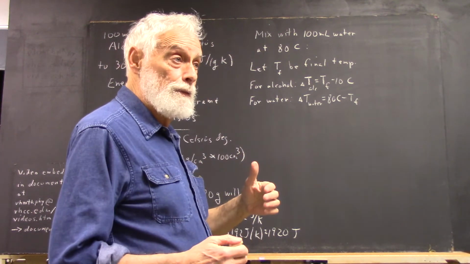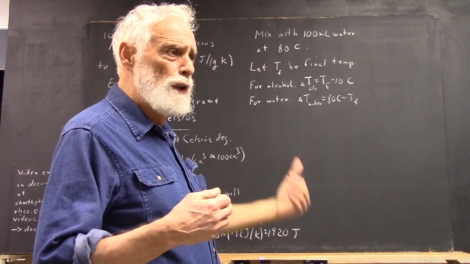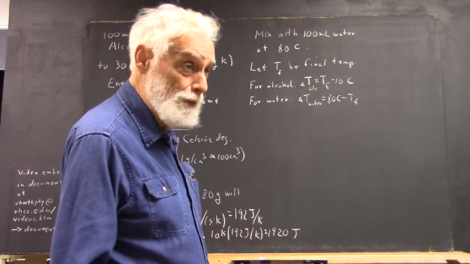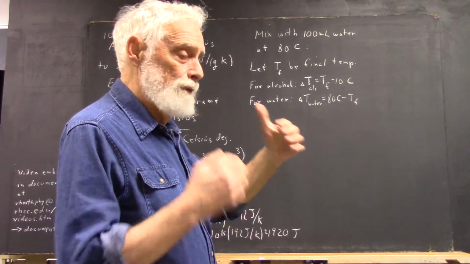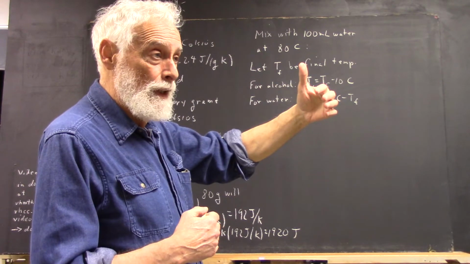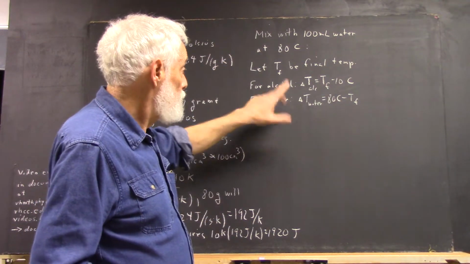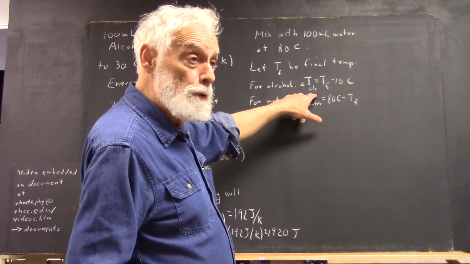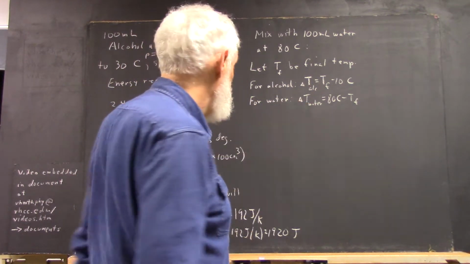But that varies from about, I don't remember exactly, 4.16 something up to 4.19 something. There's that much variation for liquid water. Okay, so anyhow, here's the temperature change of the alcohol, here's the temperature change of the water, right?